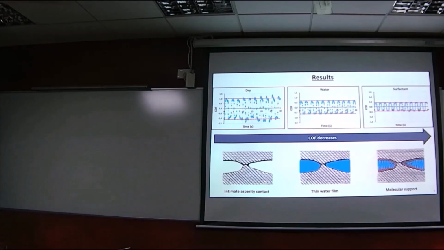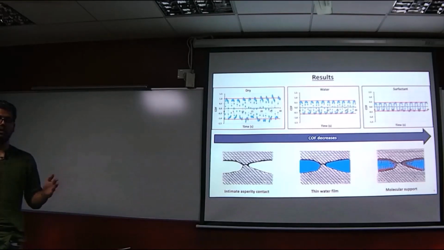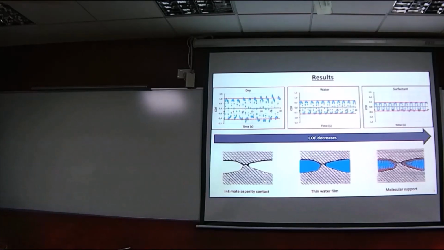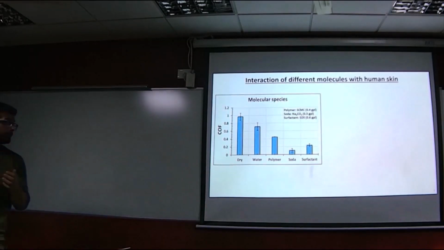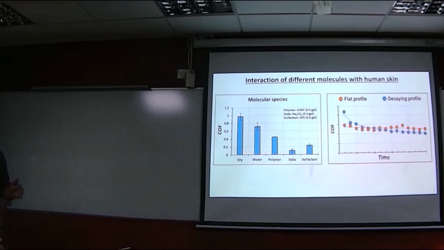We don't really know at this point if the arrangement of molecules is in this particular fashion as has been represented, but these models are pretty common in literature. To explore different kinds of molecules, we had different classes like water, polymer, salt solution, and surfactants. The details have been mentioned in the slide, and we do see that we get a great spread of data. But the interesting thing is that the interaction mainly falls in two categories.